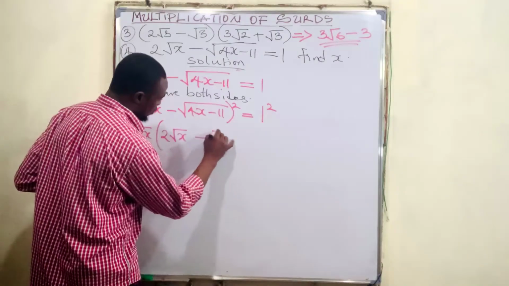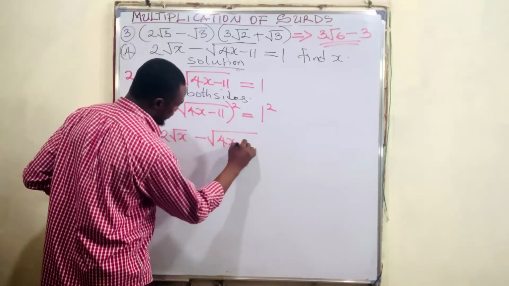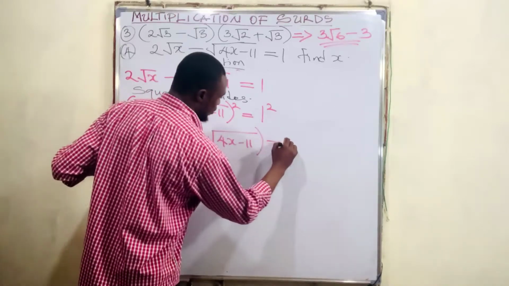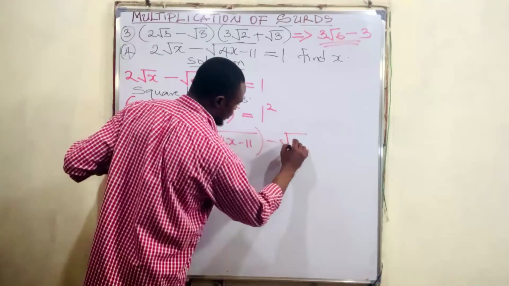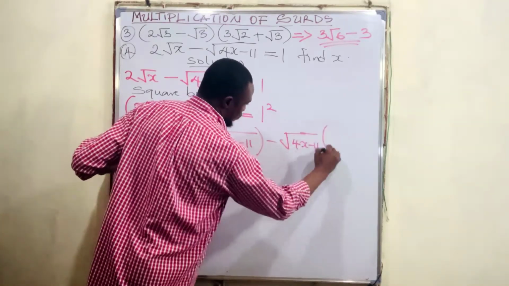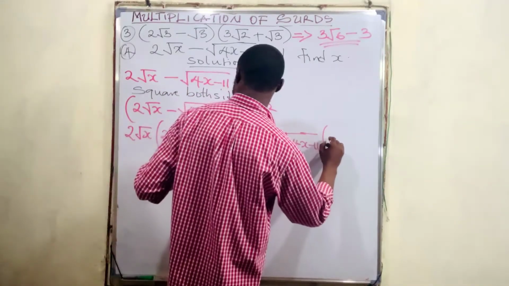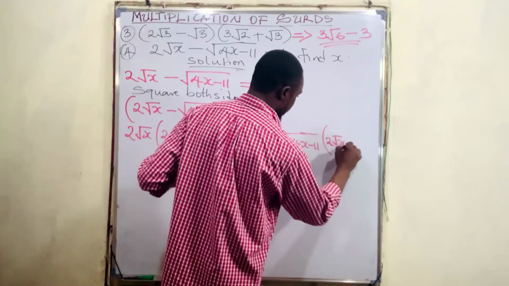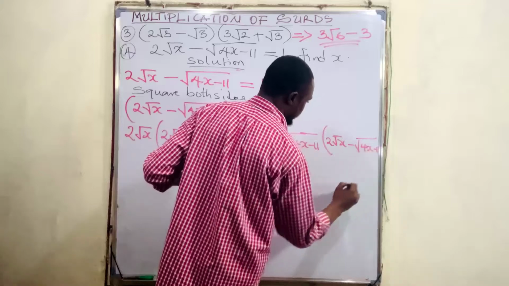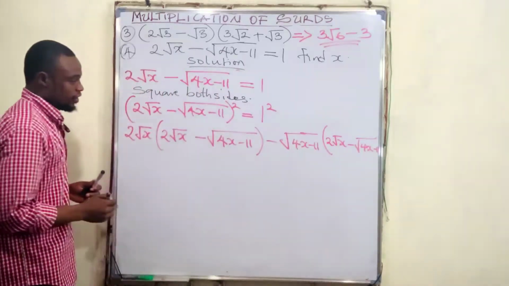Minus the root of 4x minus 11 close bracket, and minus the second term now. 4x minus 11 multiplies everything in the bracket. 2 root x minus the root of 4x minus 11.